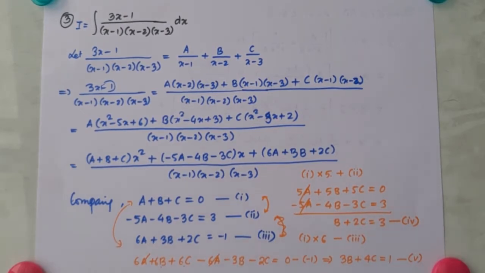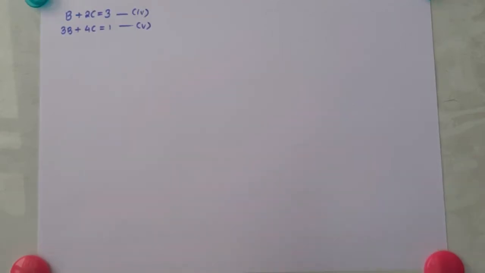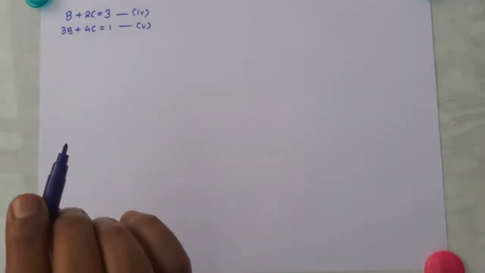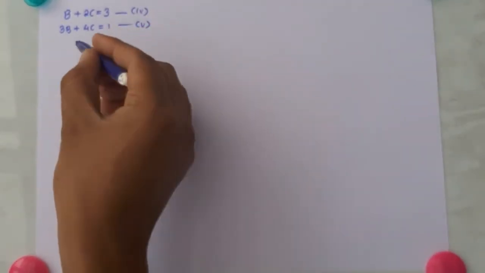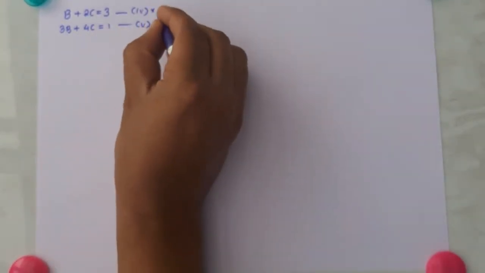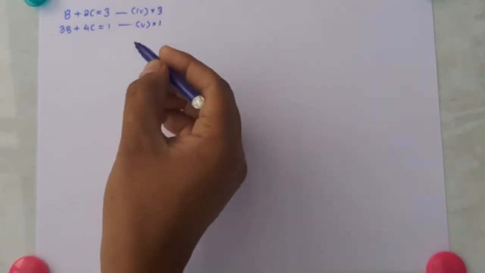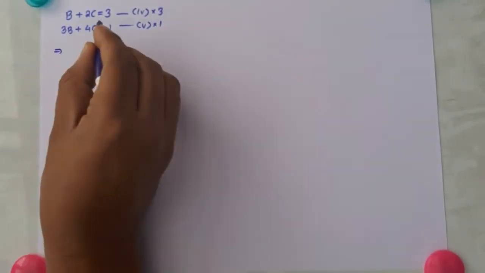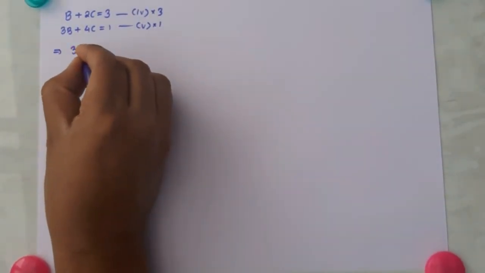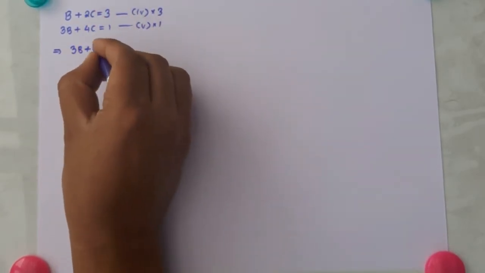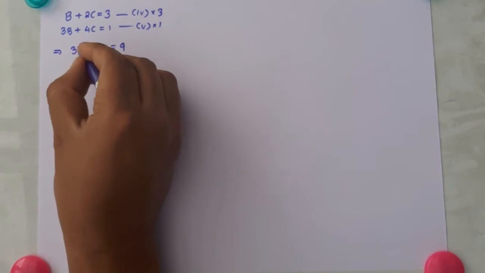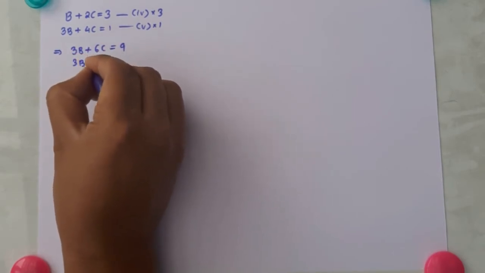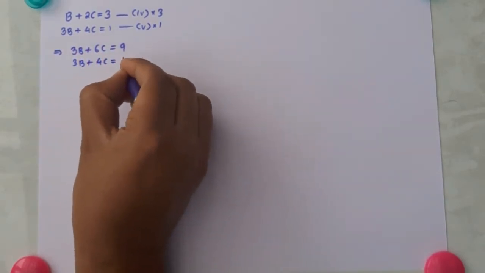I don't have space here, so you may pause it and note it down. Now you have two equations, remember. We have equations 4 and 5, and we need to solve them. So multiply equation 4 with 3 and equation 5 with 1. From here you get 3b + 2 into 3 is 6c, equals 3 into 3 is 9. This will remain as it is: 3b + 4c = 1.